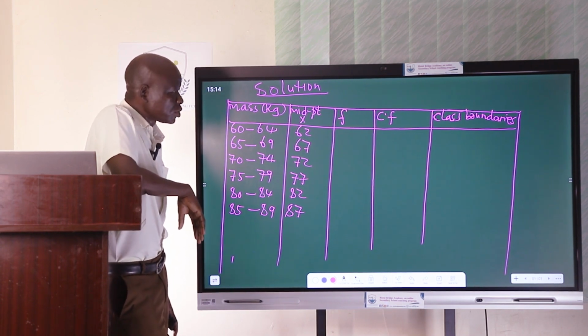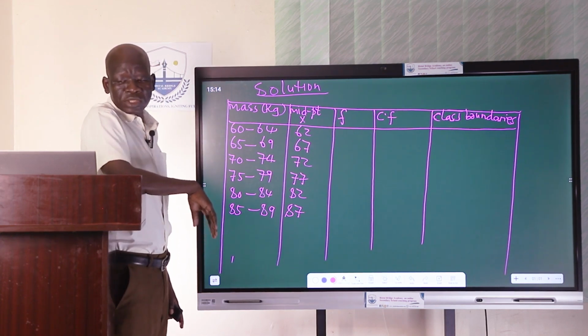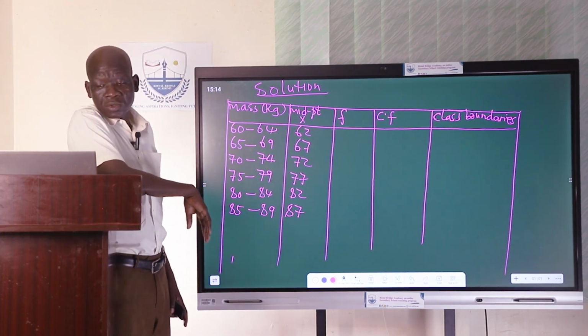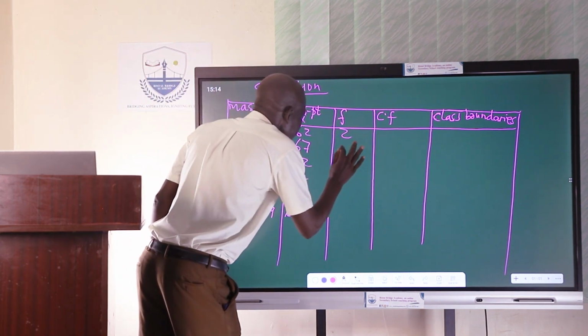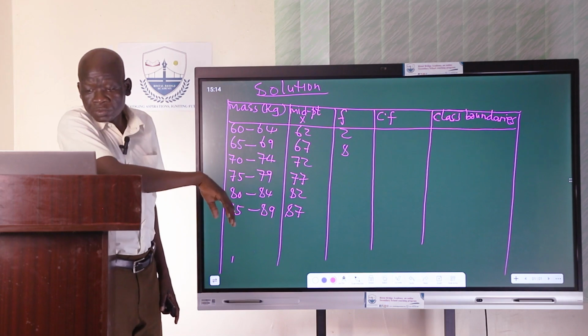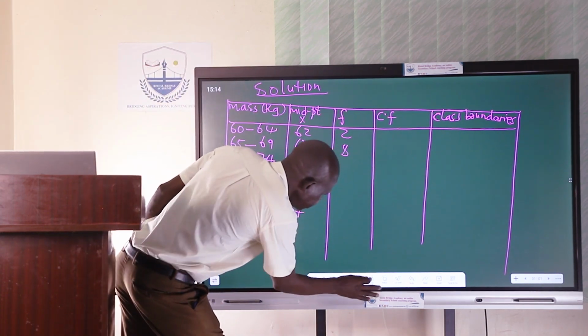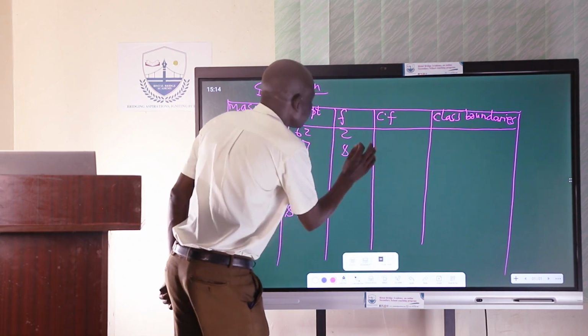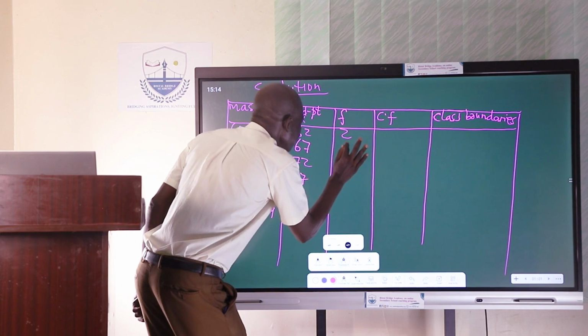After that, we now write down the values of frequencies which have been given for us. We have 2, 8, 2, the next figure is 6. This is 6.